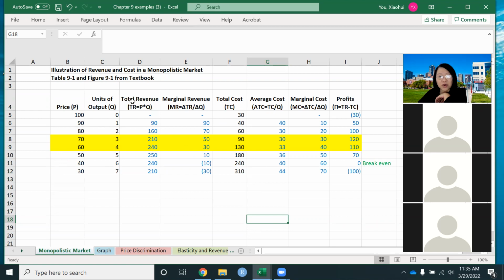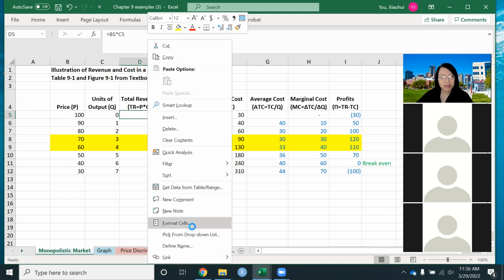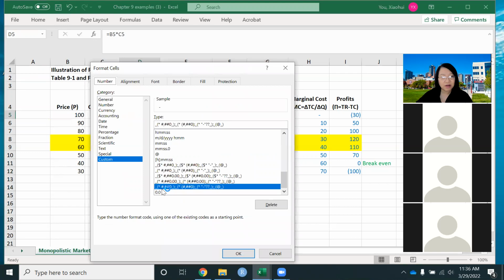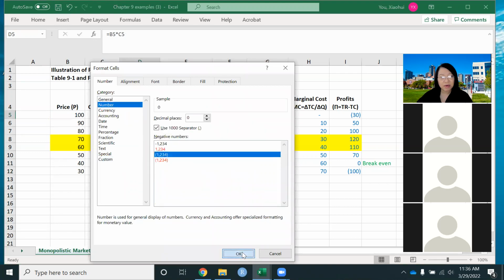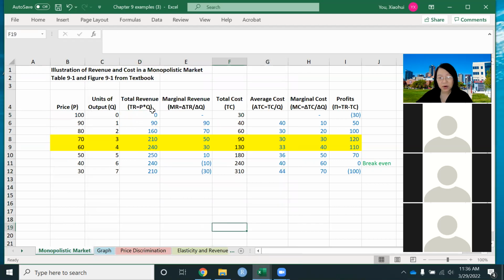So for this one, total revenue is just price times quantity. That's easy, right? Like the first one, we have this value: price times quantity, and then enter. Since I already put this value as default, if I just put a number here, it will be 0, right?